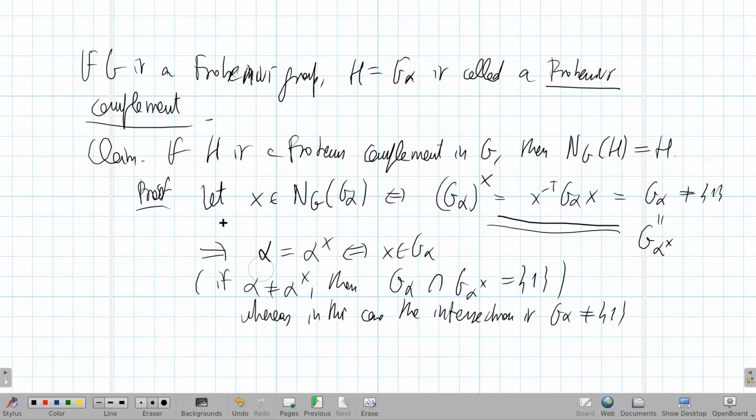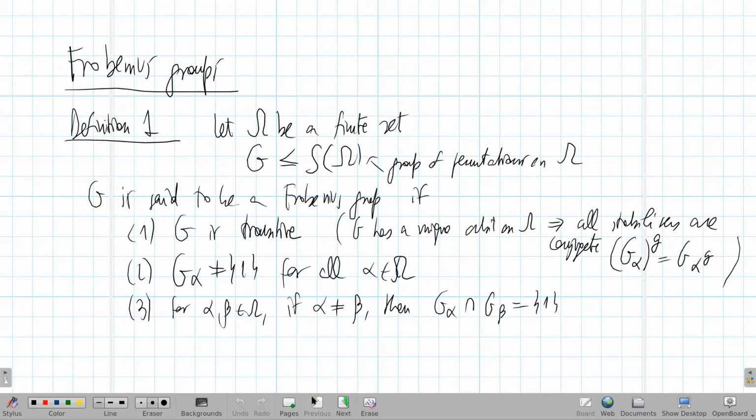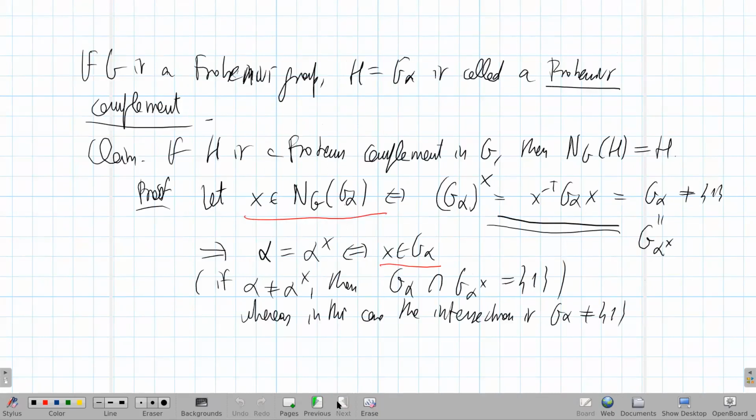So we started with an element in the normalizer of G alpha, and we ended up showing that x is in G alpha. And we obtained this by playing around with the two properties, which I'll recall once more because we want to get familiar with Frobenius groups: that G alpha is different from one, and that if you have two different elements in omega, their respective stabilizers have trivial intersection.